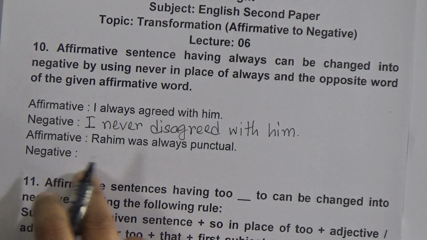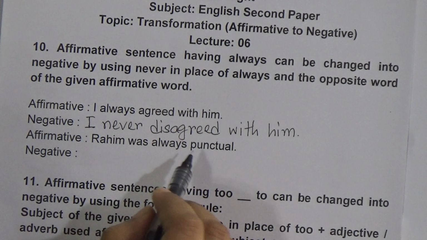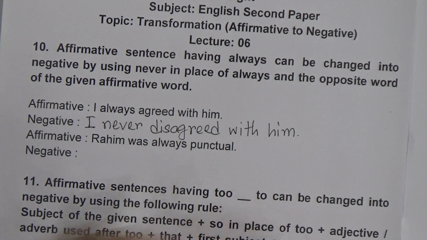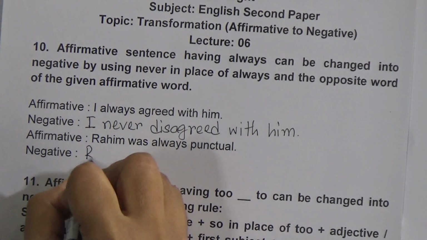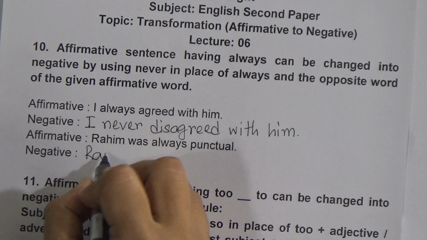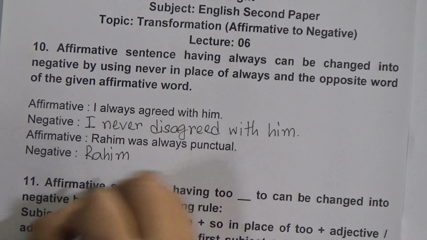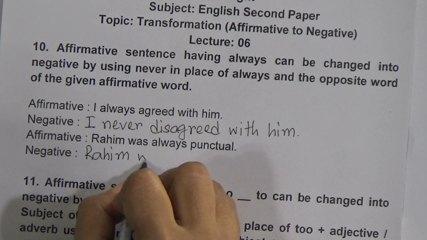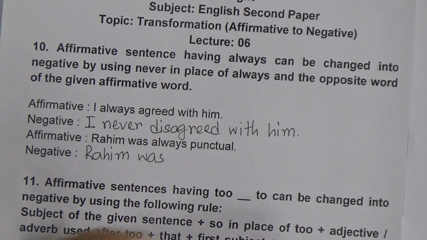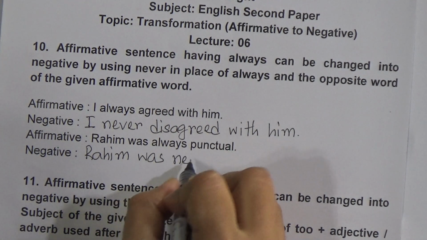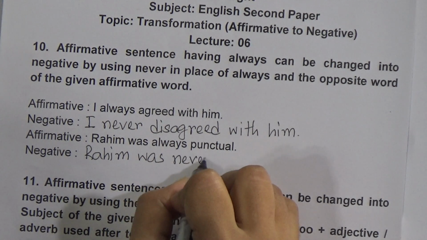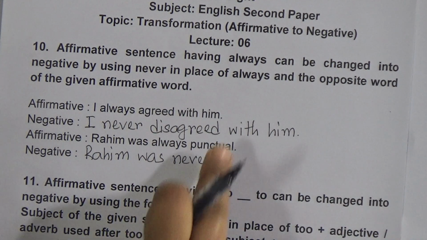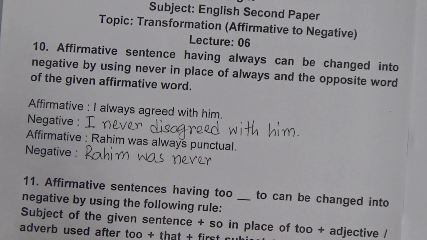Okay, next example. Rahim was always punctual. So let's start with the subject. So at first we will write here the subject Rahim was, and we will write never instead of always. Rahim was never. Now look here, the word is punctual.